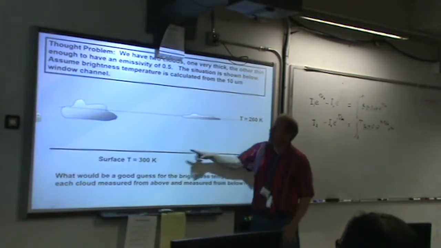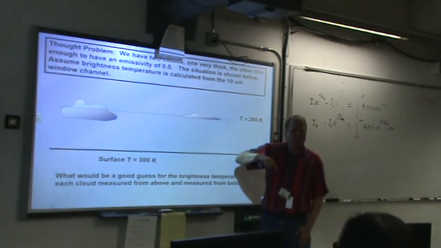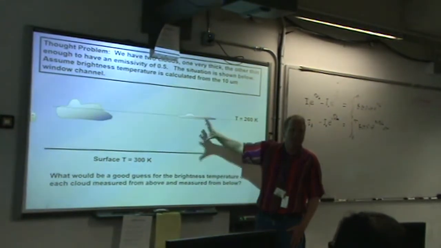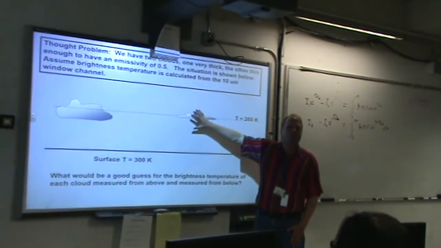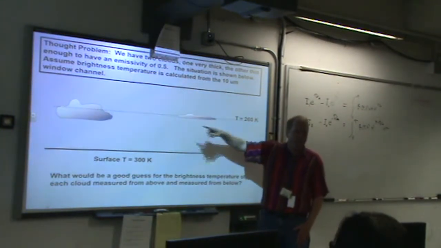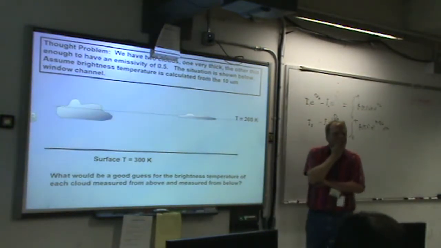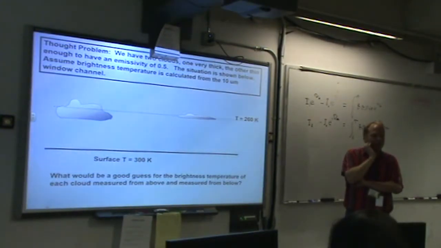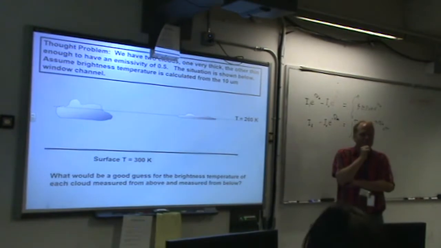This is an intensity corresponding to a temperature of 300. This is an intensity corresponding to 260. You're going to get an intensity corresponding to halfway in between. So don't average temperatures yet. You have to average intensities, not temperatures. In the microwave, it turns out we can average temperatures. We're not there yet.